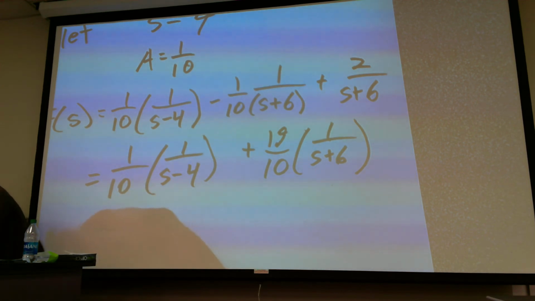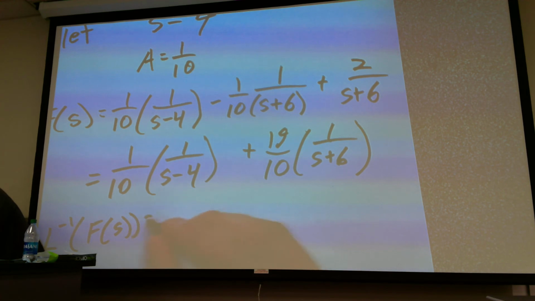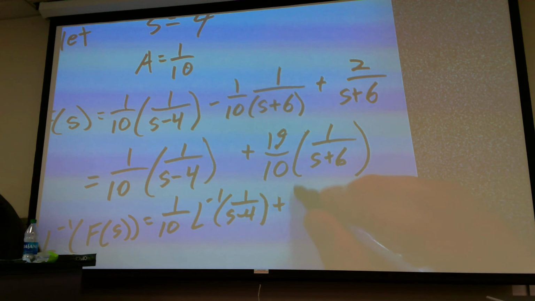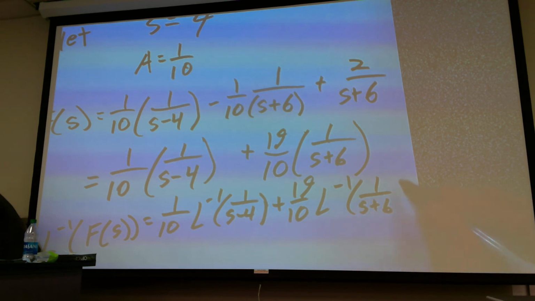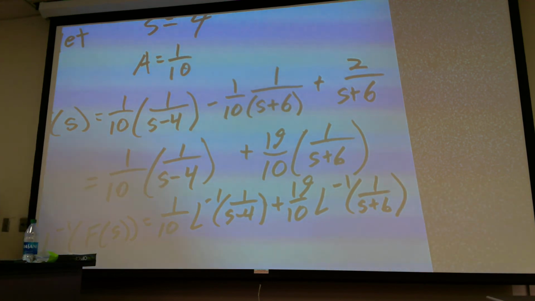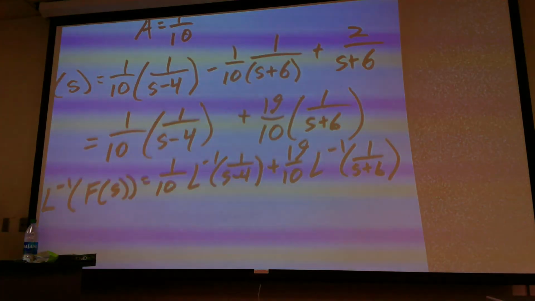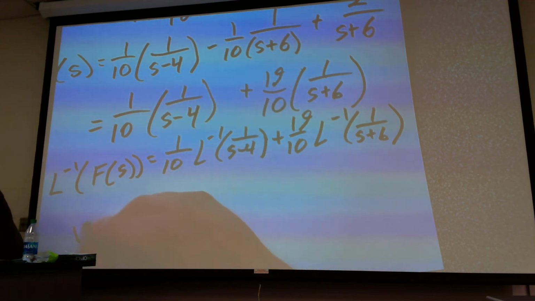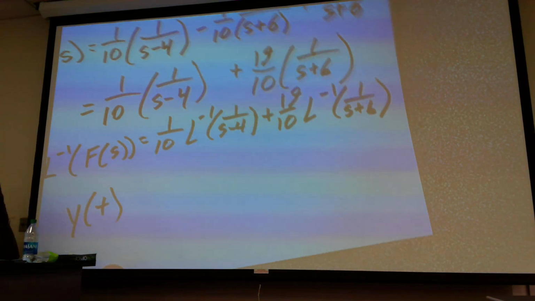So L inverse of F of s is going to equal 1 divided by 10 L inverse of 1 divided by s minus 4 plus 19 divided by 10 L inverse of 1 divided by s plus 6. Okay. Now L inverse of F of s is just going to be our y of t.